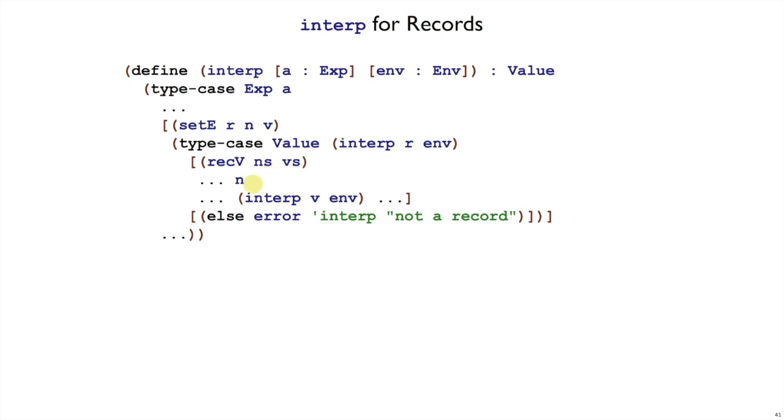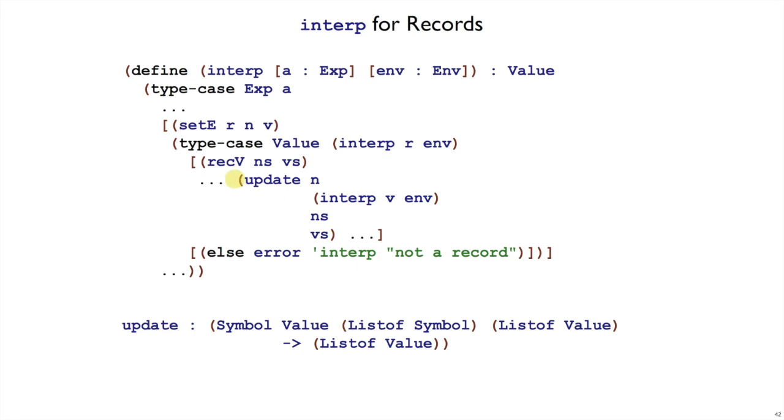But similar to how we did it for get, let's push the interesting work into an update function. So the update function is going to take a name and a new value, and a list of names and a list of values. And its job is to give us back a list of values that is updated to replace the one for n with the value here. And again, if the field doesn't exist already there, then we'll leave it to update to complain about it.